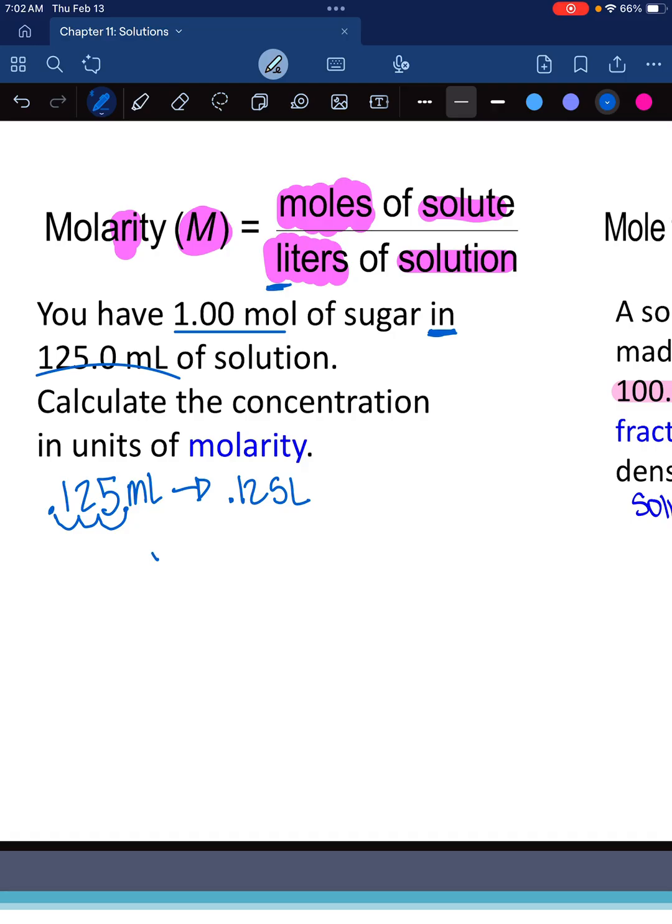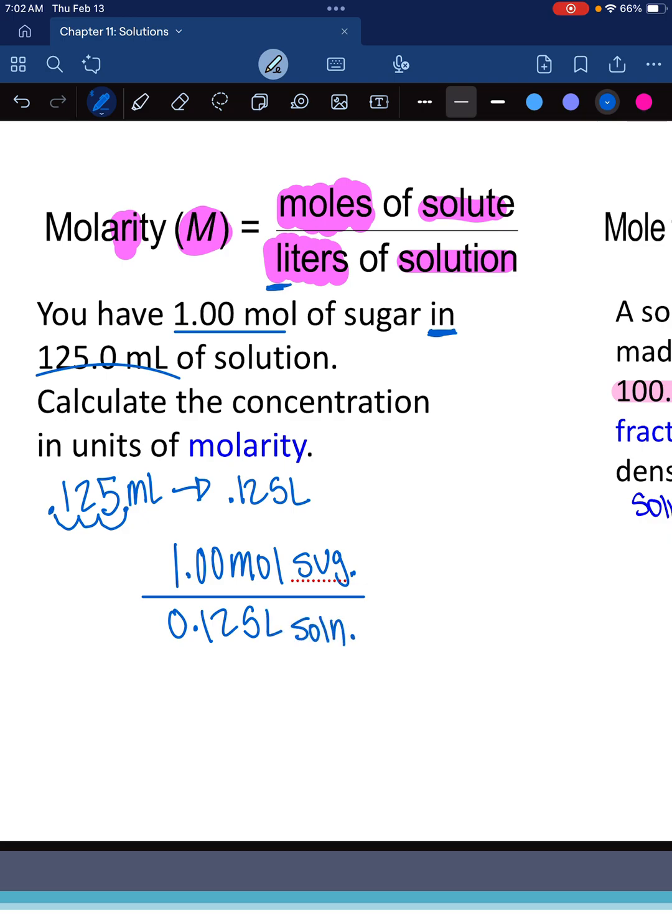So since we're doing molarity, we're going to put our moles. So that's our 1 mole sugar, I'm going to abbreviate, over your liters that we found, which is 0.125 liters of your solution. I did also forget to mention, we know that our mole of sugar is the solute because it is being put in something.